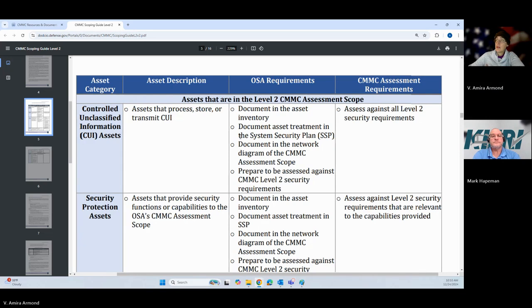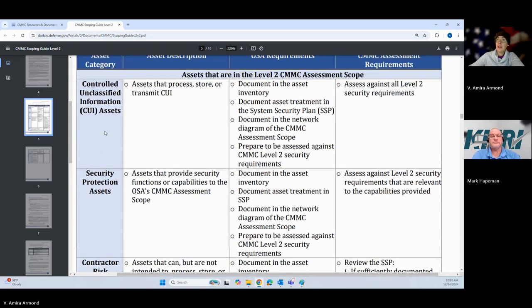Now, we're almost done. One thing to note is that there are overlaps between these other categories. You can have something that meets the definition of a CUI asset, and it also meets the definition of security protection assets, for example. The scoping guide, in some cases, will say that if there's a choice between two things, pick this one as a priority.